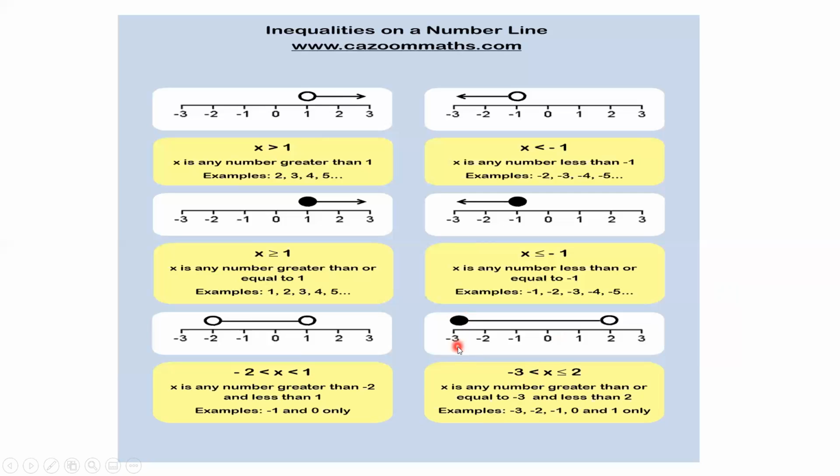So when -3 is included, then obviously we have to say greater than or equal to. So when we look at this, guys, this means -3 is less than or equal to x. X is less than 2. So the sign must be here and the sign must be here. Right.